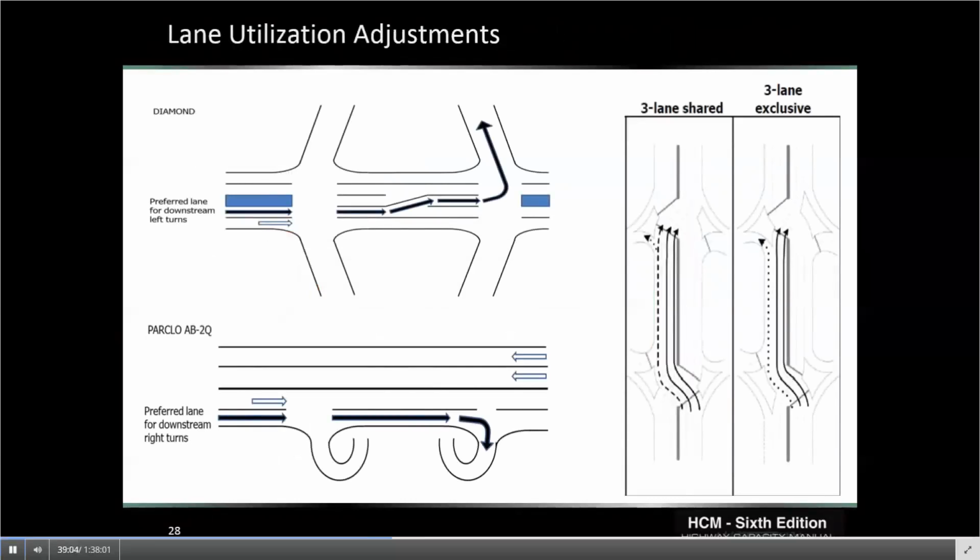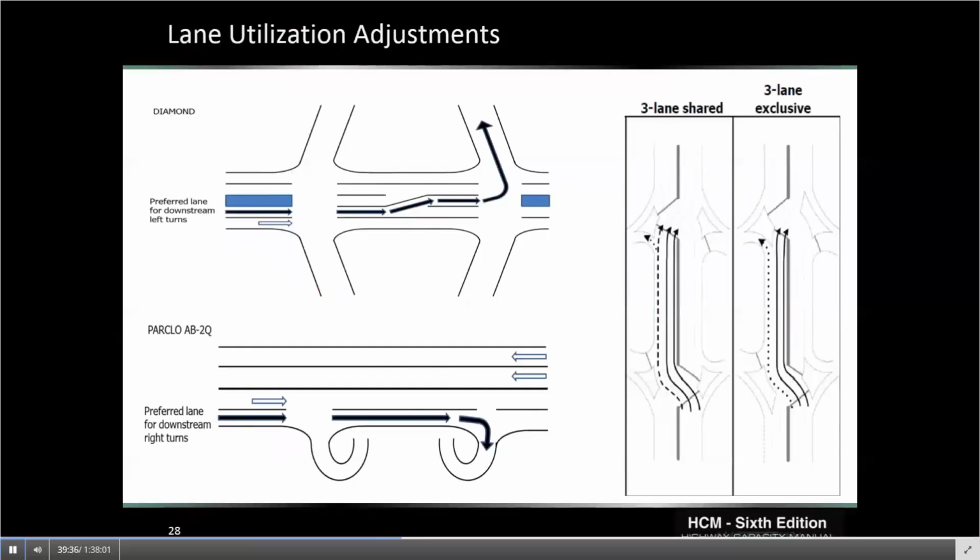Because in microsimulation, depending on how the model is set up, the lane utilization for top left, a heavy left turn at the diamond interchange, as opposed to bottom left, a heavy right turn at a partial cloverleaf, those two movements will create an imbalance at the external approaches to the interchange, which may or may not be reflected in the microsimulation. And so calculating these lane utilization factors that are based on field data in the HCM can be a key calibration tool.